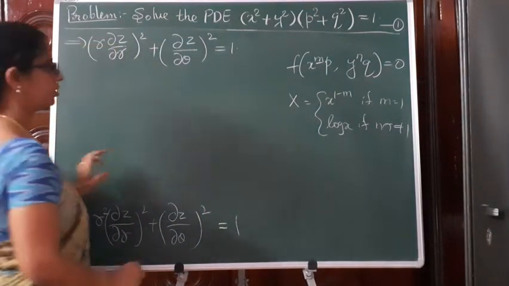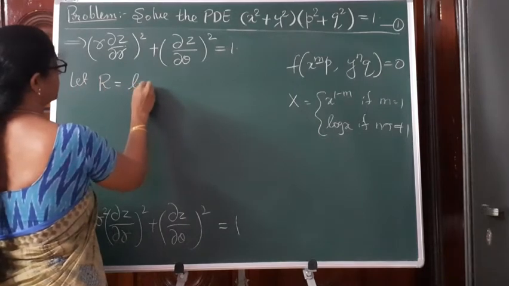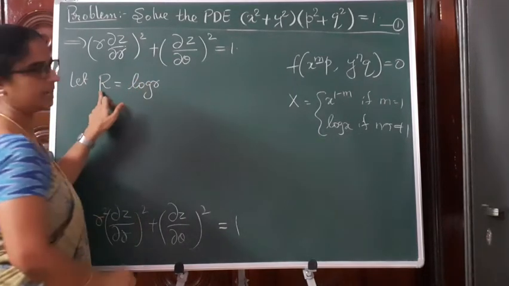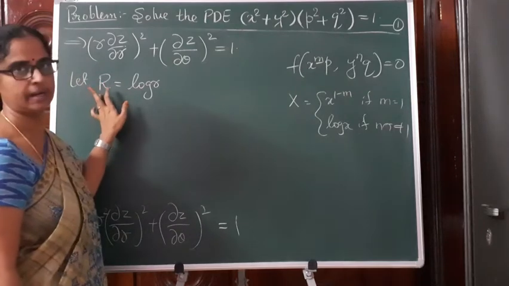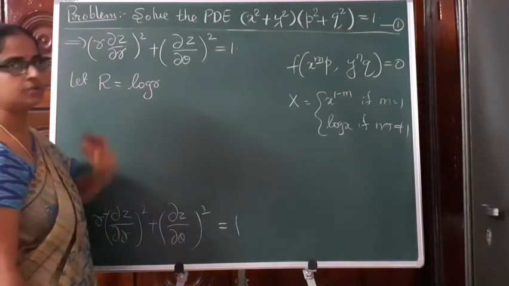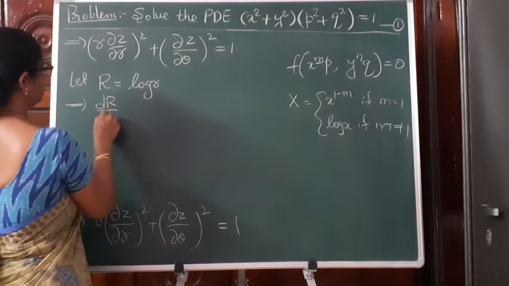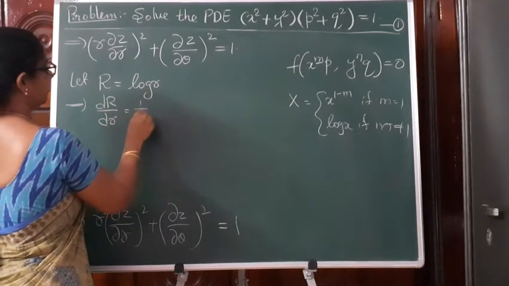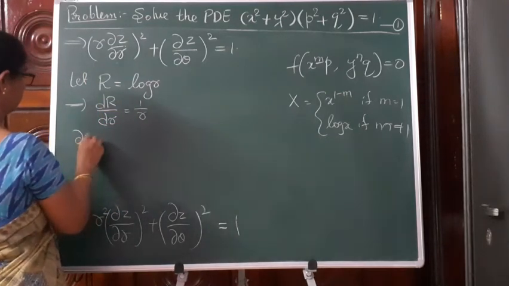So what is the substitution we must take? Let capital R is equal to log r. You can use any other variable here, not just capital R. I take capital R here. Capital R is equal to log r. Then what is dR by dr? It is 1 by r. Now consider dou z by dou r.